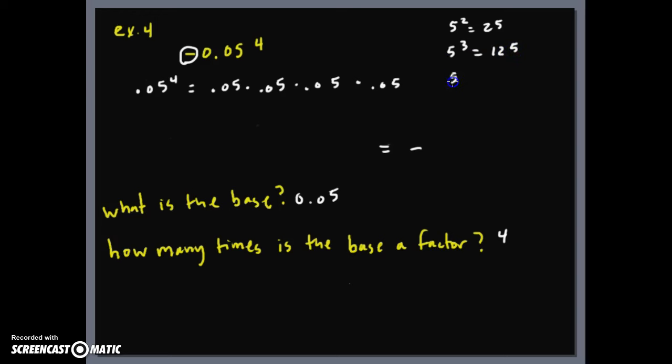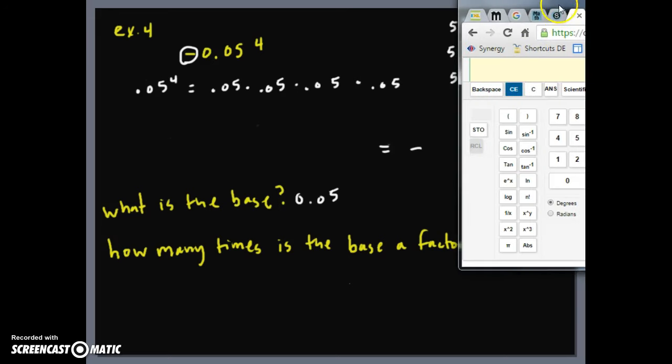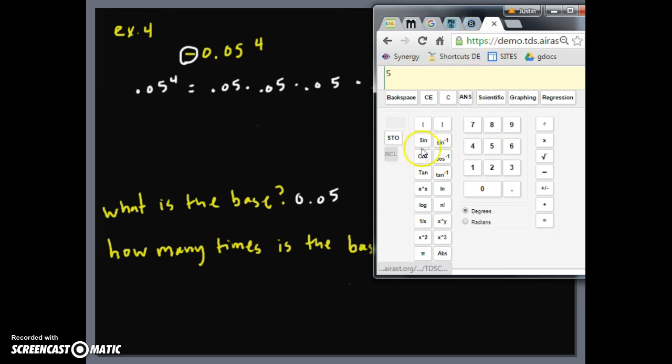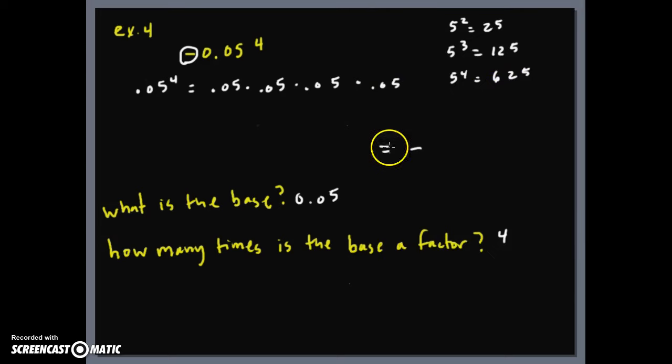So then 5 to the fourth power should be 625, and let me verify using a calculator. 5 to the 4th power equals 625. Okay, so 625 would be 5 to the 4th, but we're taking 0.05 to the 4th.